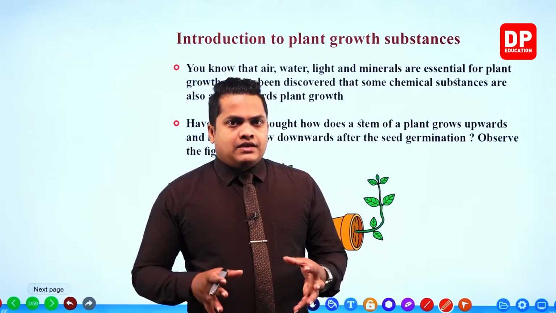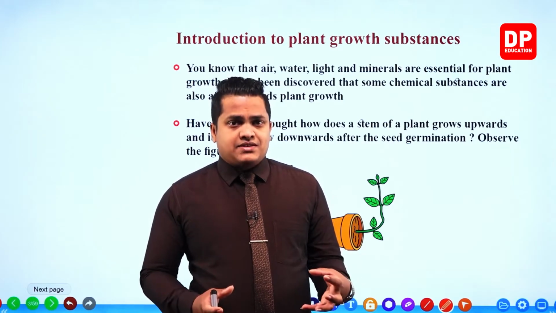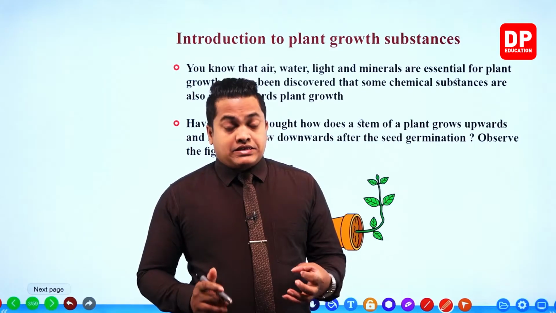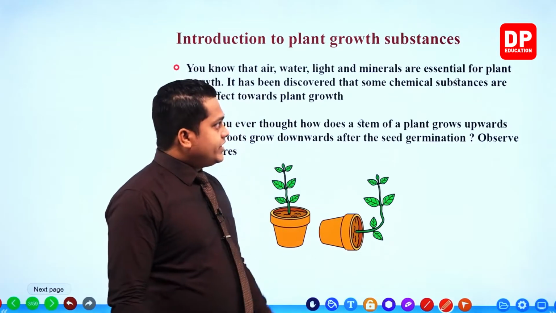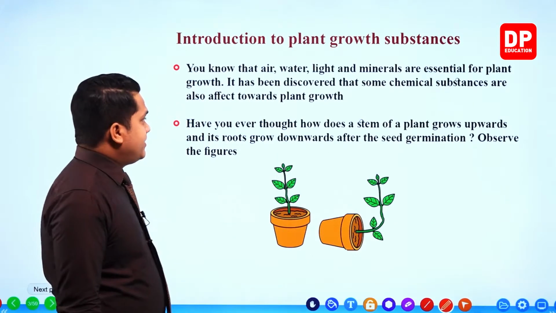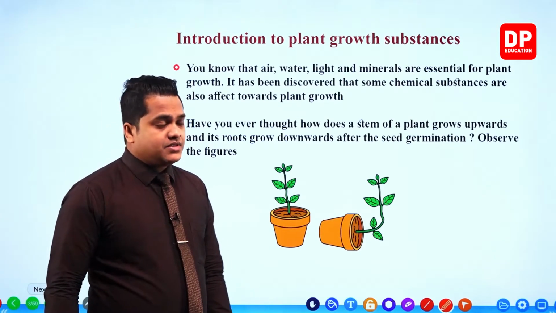However, it has been identified that there are some chemical substances which are important for plant growth as well. So here it is given, chemical substances which are important for the growth of a plant. There are several chemical substances.